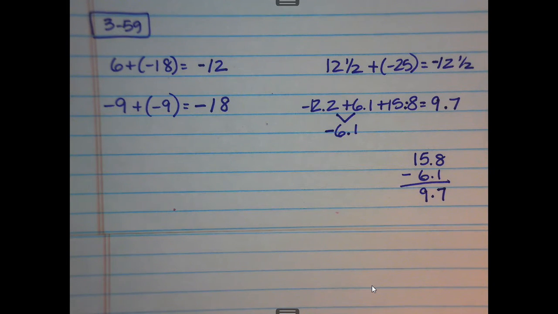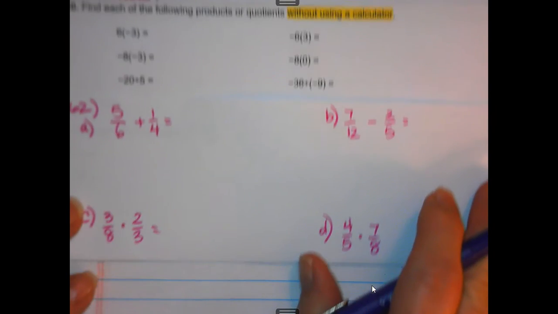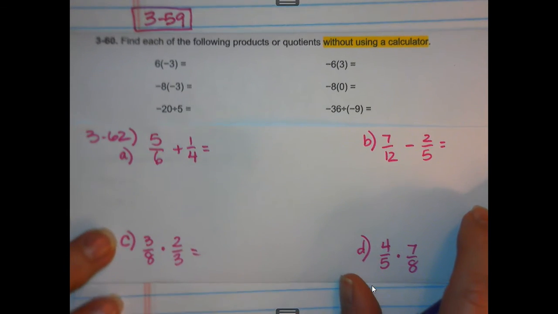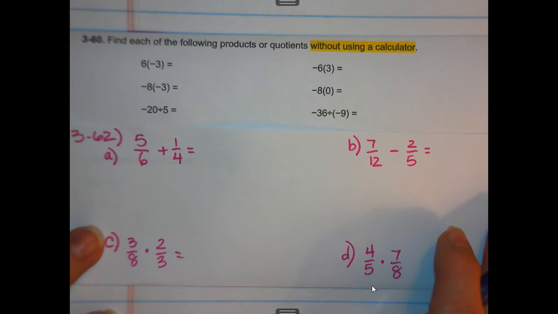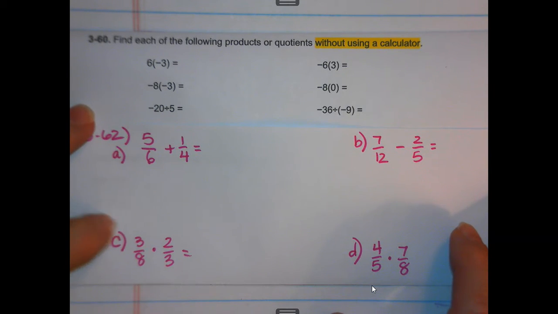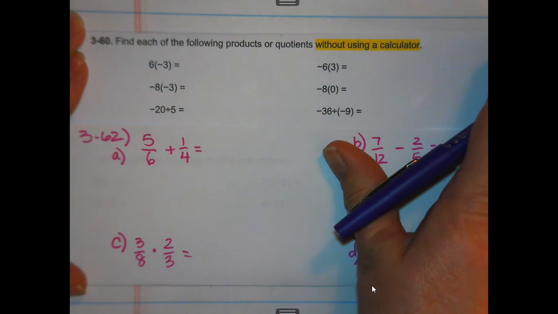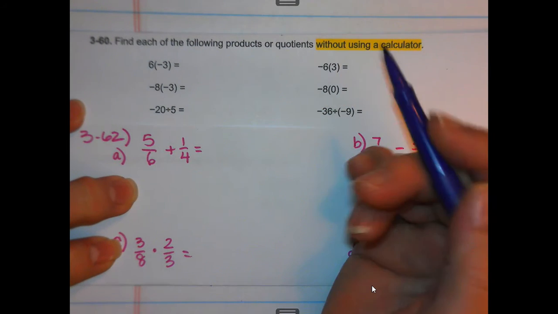Moving on to the next part of this assignment, we're going to go ahead and focus in on problem 3-60. So to find each of the following products or quotients without using a calculator. So that means that we are going to multiply or divide.